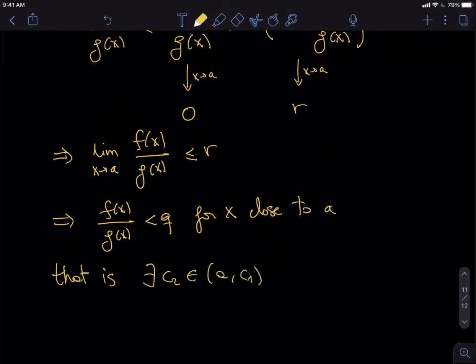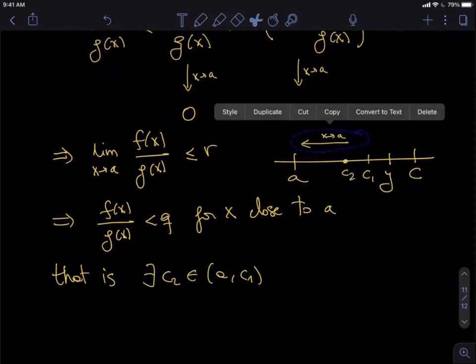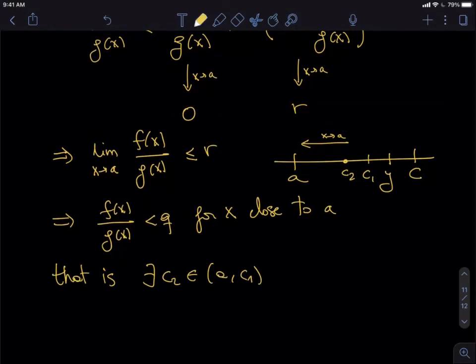Let me do again the picture here. So we have A, we have C, we have Y, we have C1, and then as X tends to A, we need to find some other number C2. Okay, that is close enough.